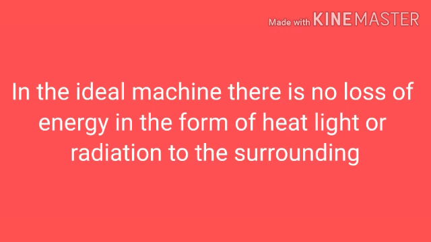Now the next topic is ideal machine and the actual machine. An ideal machine is that machine in which there is no loss of energy in any manner. It means the loss of energy in the form of heat to the surroundings does not take place in case of an ideal machine.